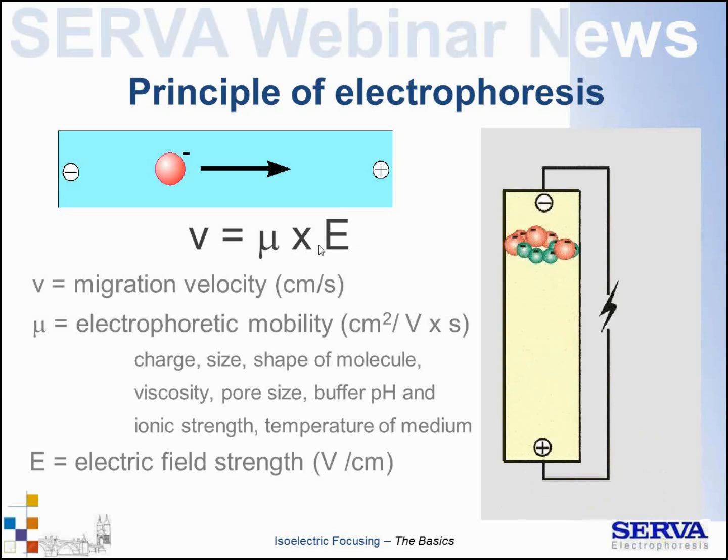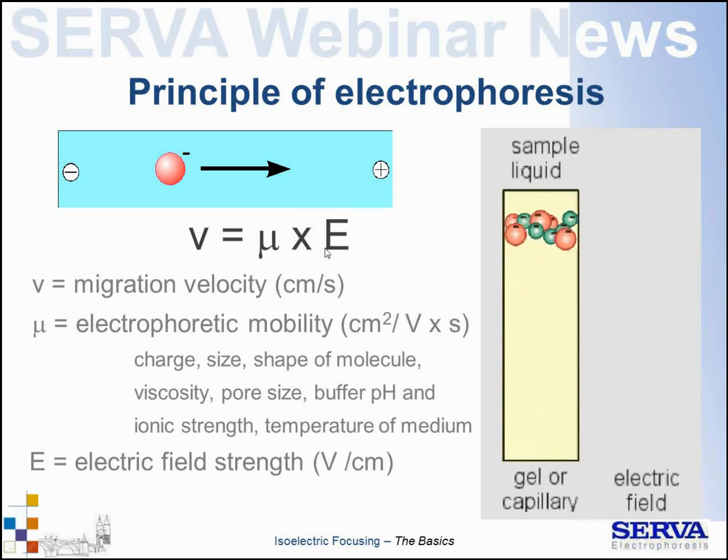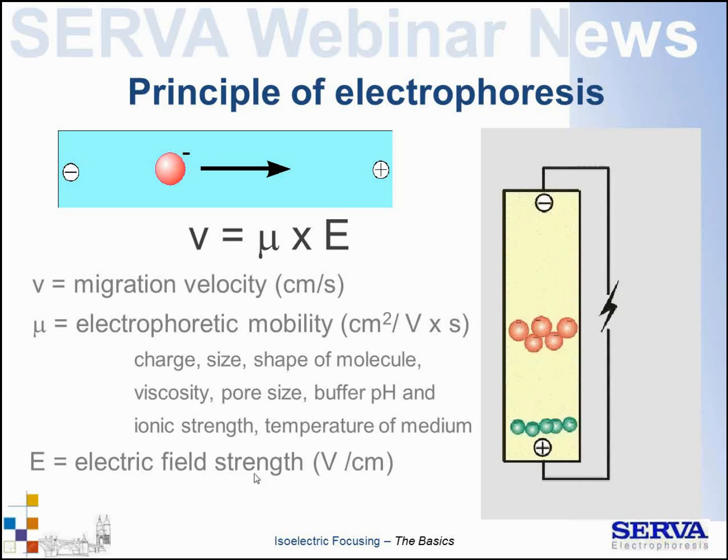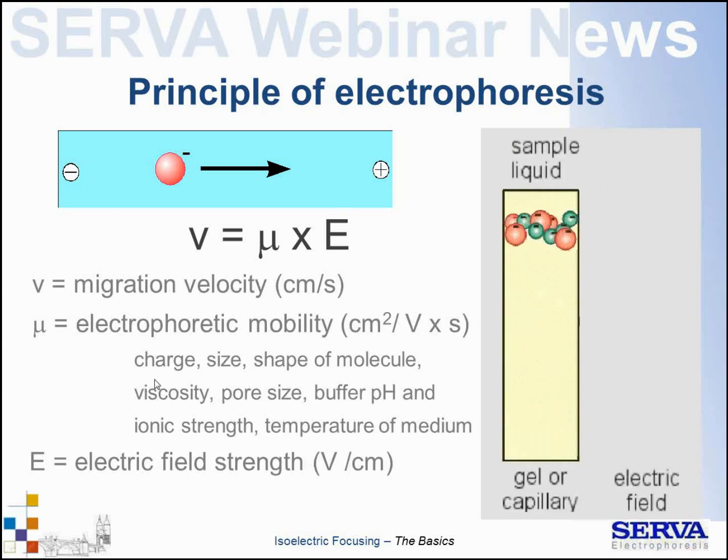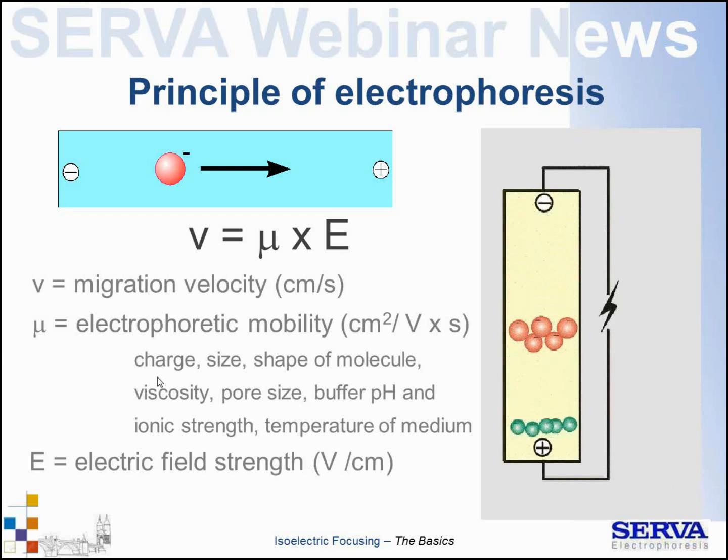And the speed is also dependent on the electric field strength. So the higher the electric field strength, which is measured in watt per centimeter, the faster is the migration of a molecule. But this field strength of course has an influence on all the molecules the same way.